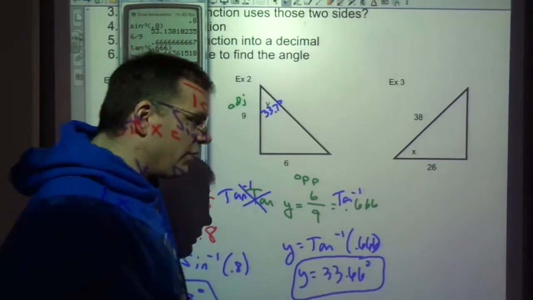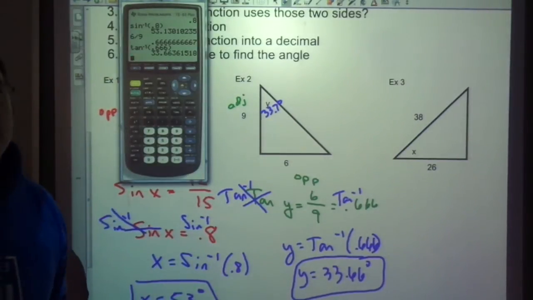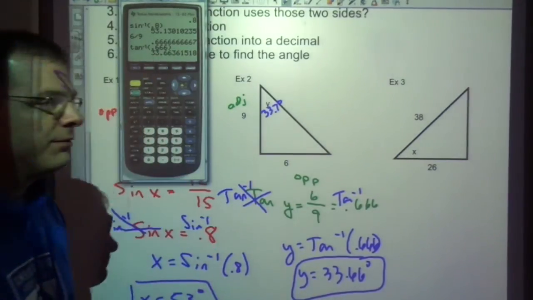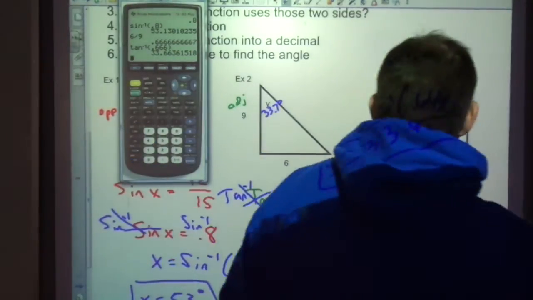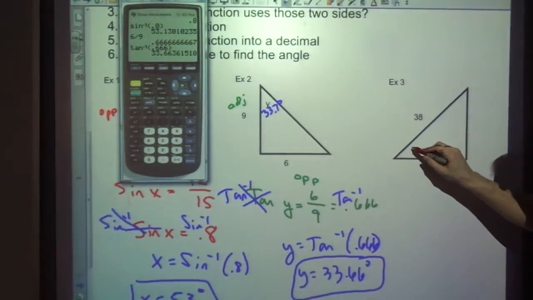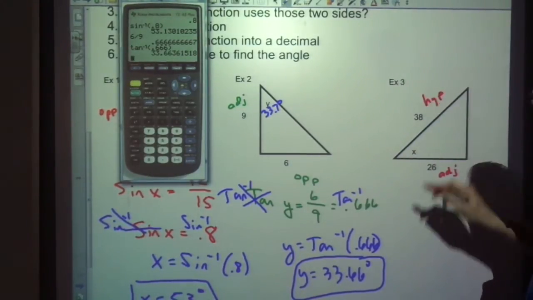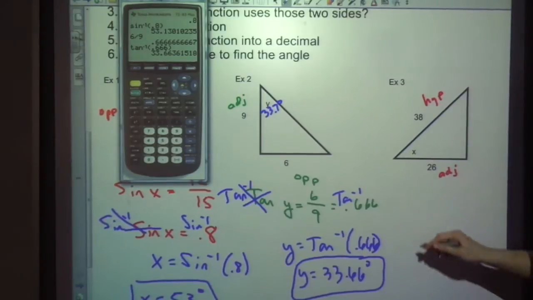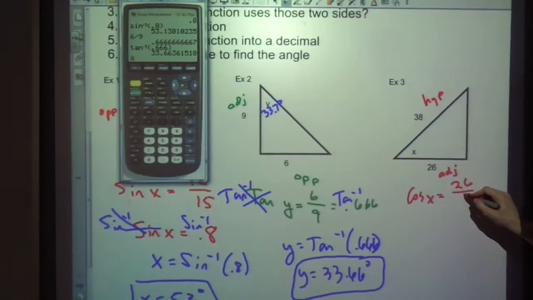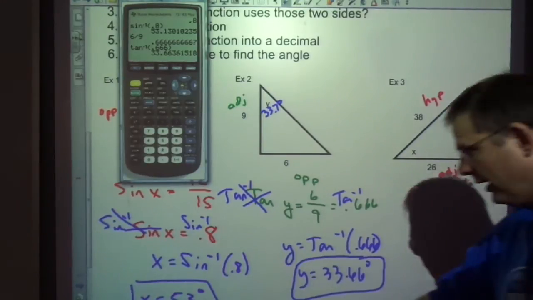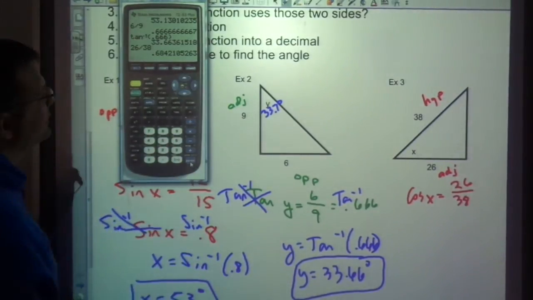And this one over here, go ahead and pause the video and try this one, see if you can get it right. And then you can hit play and I'll explain. Pause. And go. Okay, here is my angle of reference. So this is the adjacent and this is the hypotenuse. So that's going to be cosine. Cosine of x equals adjacent over hypotenuse. Calculator help. 26 divided by 38 is 0.684.